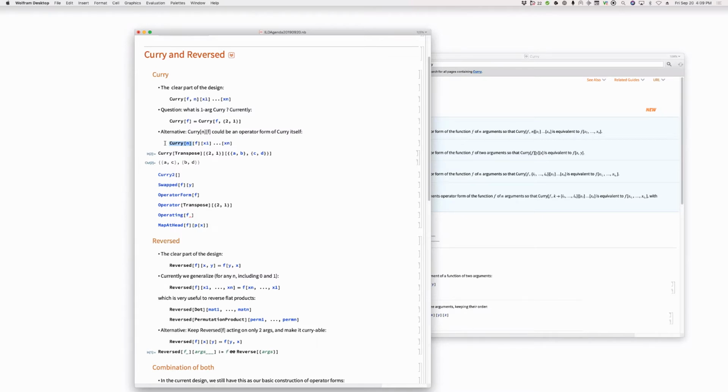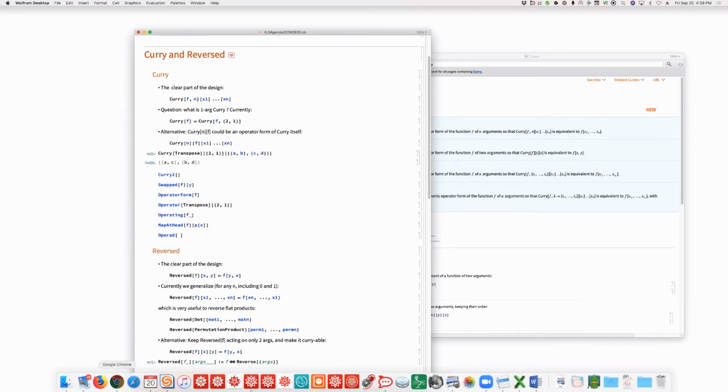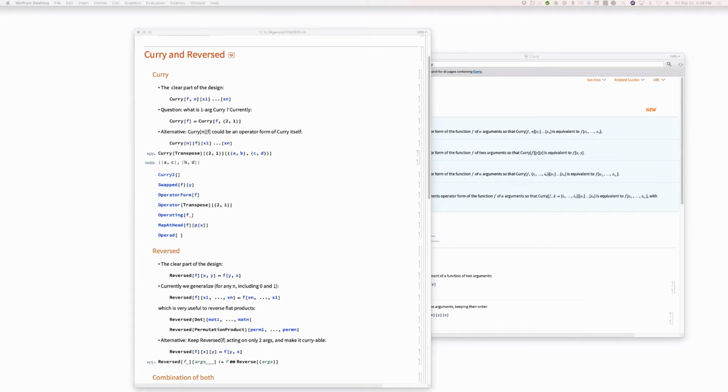I just have this one. I'm just wondering if there might be some other mathematical, operator-like name that isn't operator. I see.